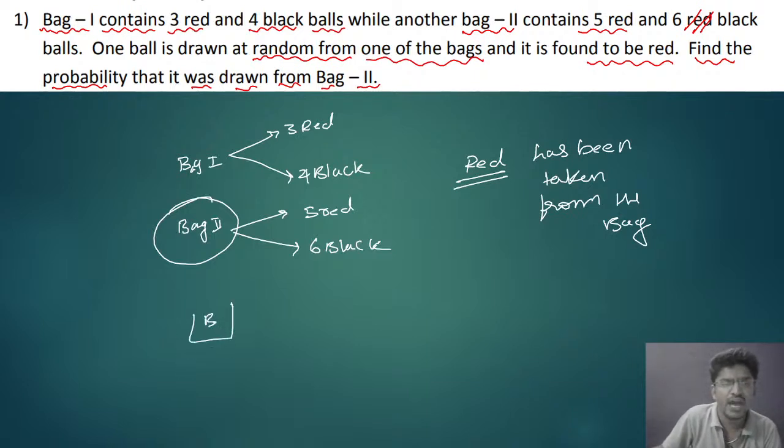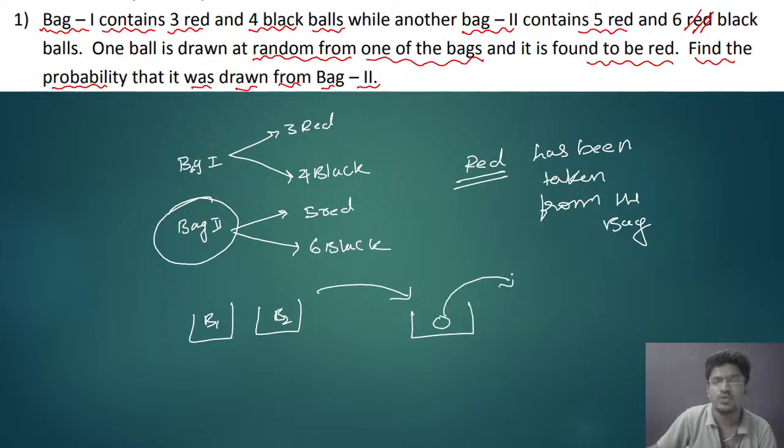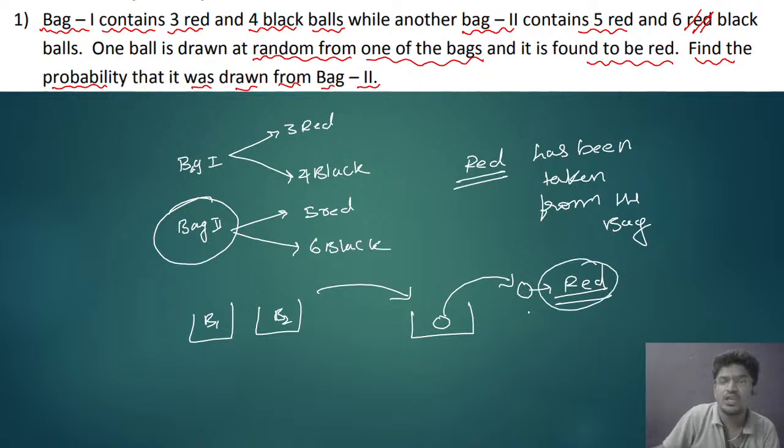I have bag 1 and I have bag 2. Out of these, I choose one bag and take one ball out, and this ball is red. Now I want to calculate that this red ball is from bag 2.